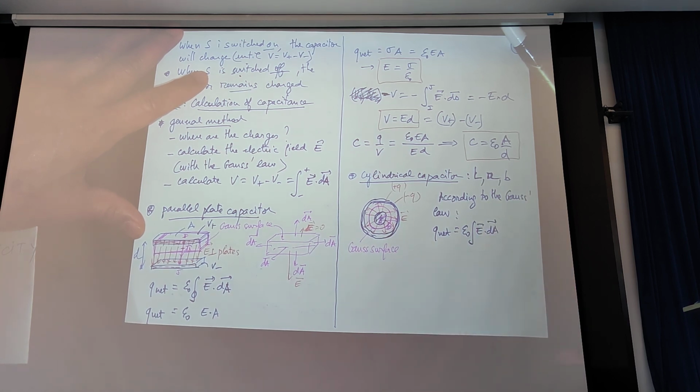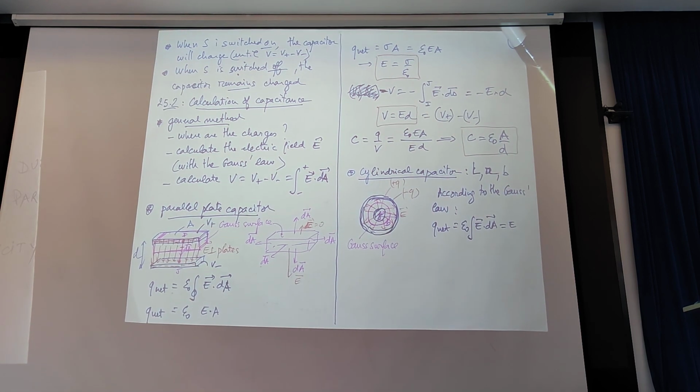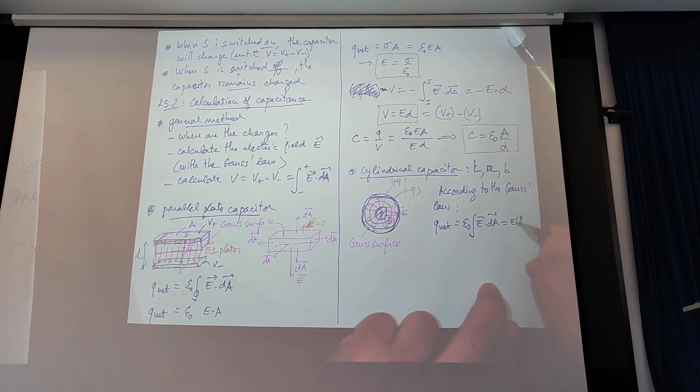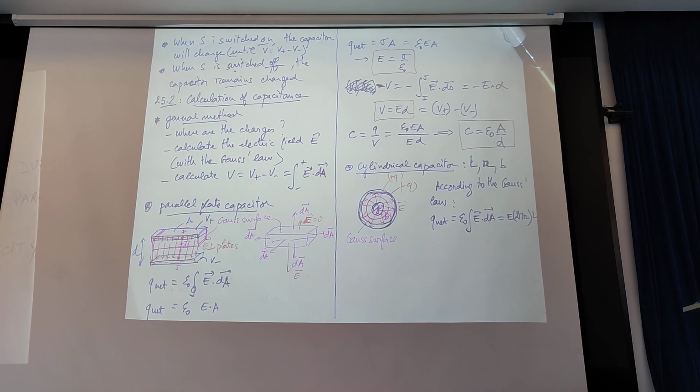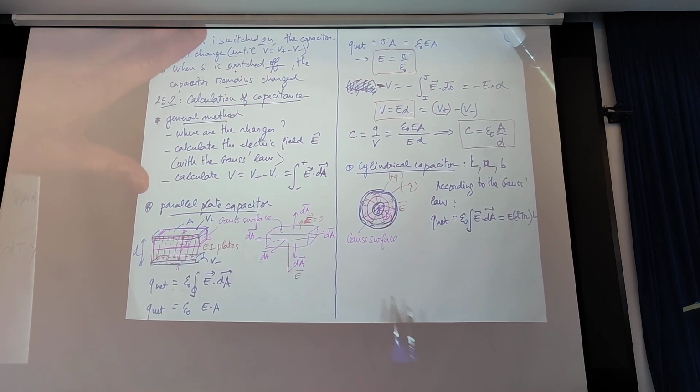So here, what is the result? It's the lateral surface, right, of the cylinder. So it's 2πRL. Are you agree with that? Yes?